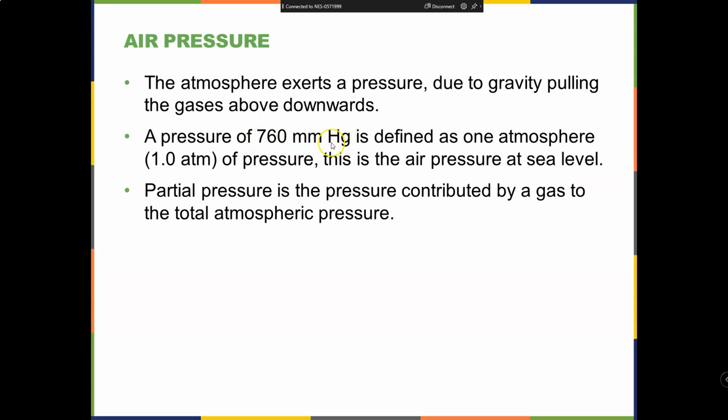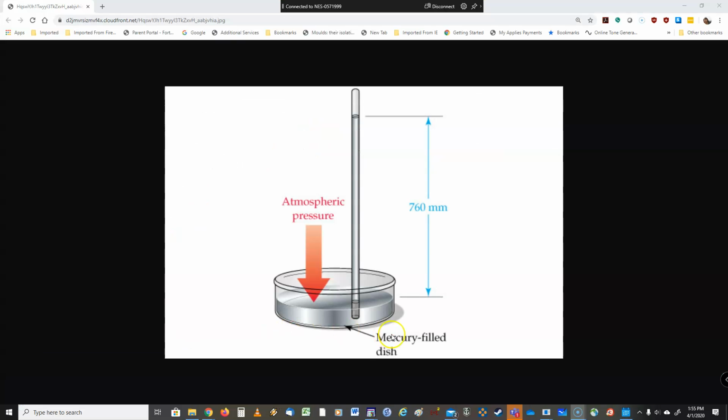And this comes from a contraption, a device where we can measure pressure using mercury. In fact, I'll just show that to you right now. This is where that idea of millimeters of mercury comes from.